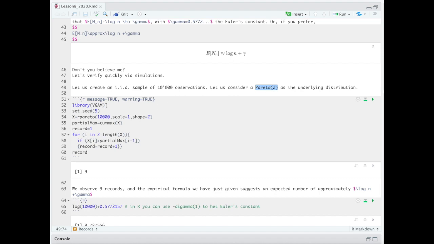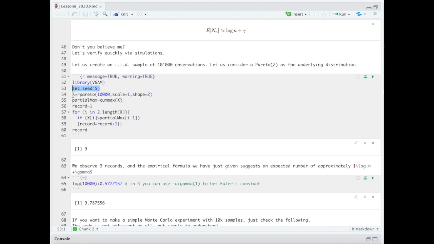Okay, so we can use the library VGAM, which is a nice library for generating random variables and performing other types of statistical analysis. I set the seed so you can reproduce exactly my result, and then I generate my sample of 10,000 observations from a Pareto of shape 2 and minimum value 1.